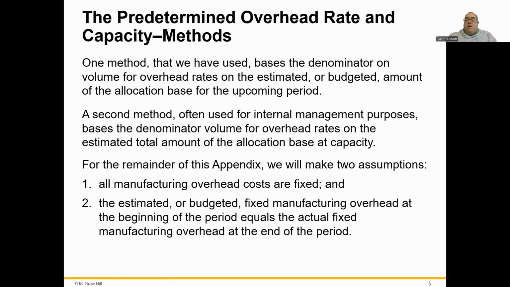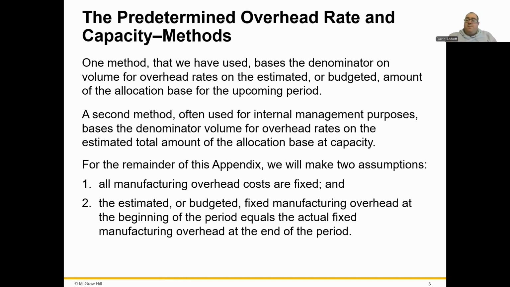One method that we have used bases the denominator on the volume of overhead rates on the estimated or budgeted amount of the allocation base for the upcoming period. A second method, often used for internal management purposes, bases the denominator value for overhead rates on the estimated total amount of allocation base at capacity.